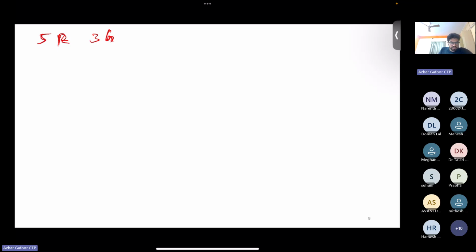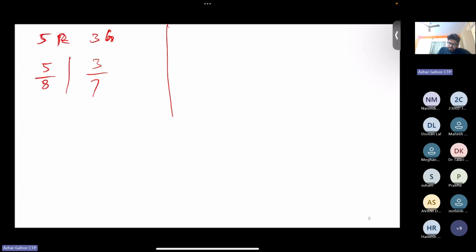The first event is that we take a red ball, then we take another ball without replacement. So in the question the first probability was 5 by 8, and to get the next one, the green ball, the probability was 3 by 7.